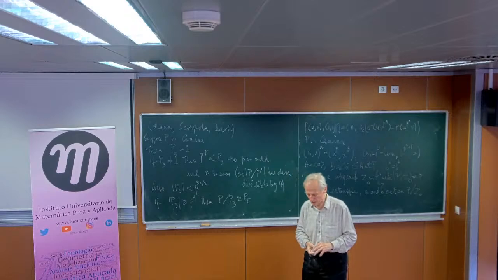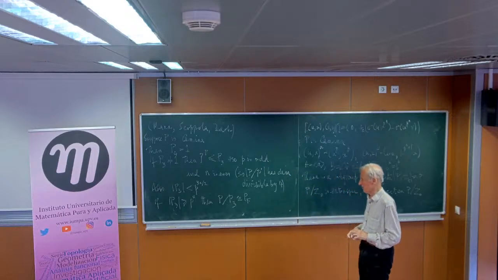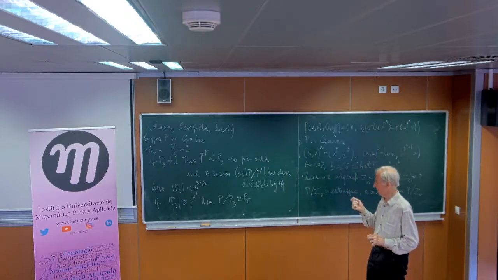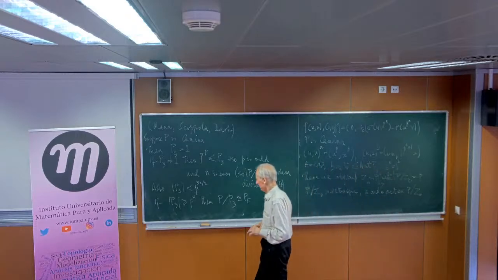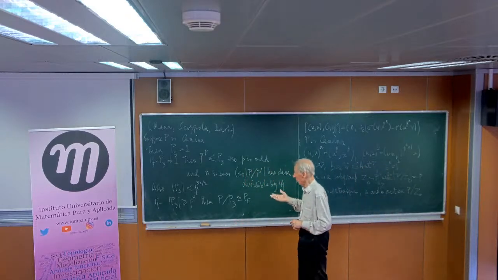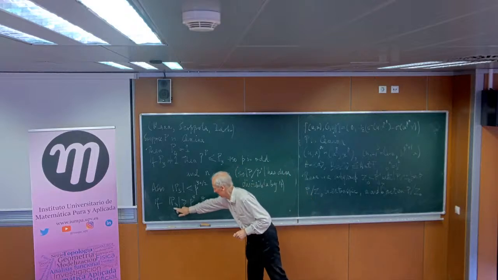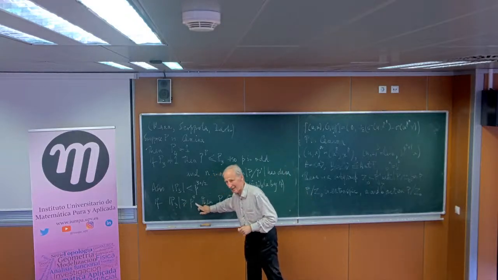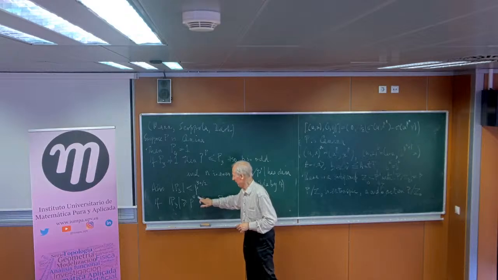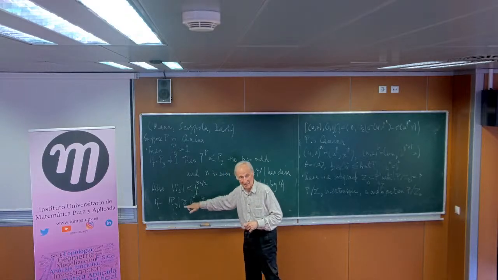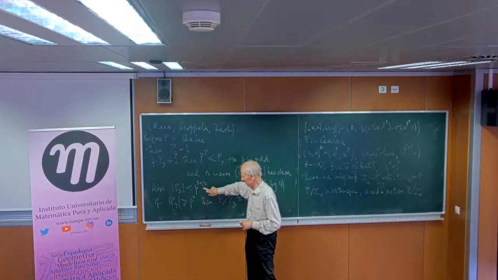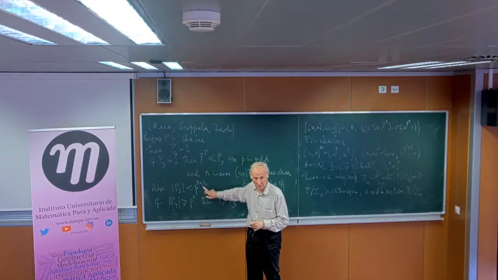The question really is, which we don't know the answer to, what can P3 be? We found examples of groups where P3 has order P to the n. But I don't think we have an example of anything bigger than P to the n. So is there something better than that going on?